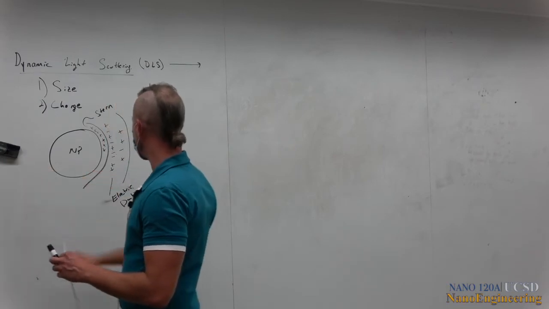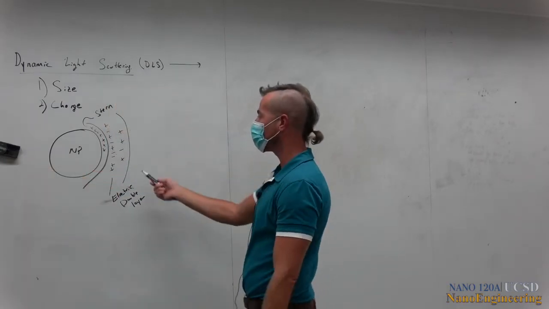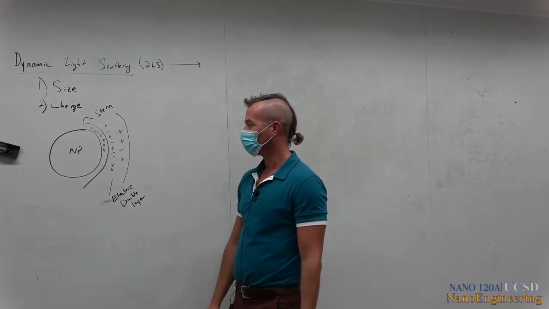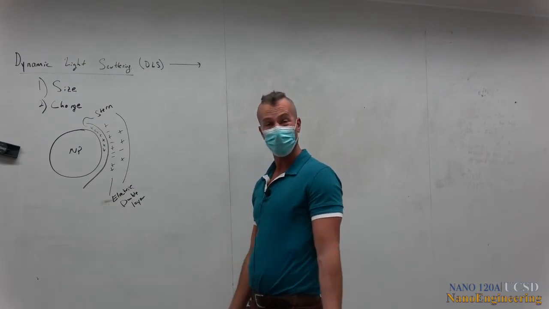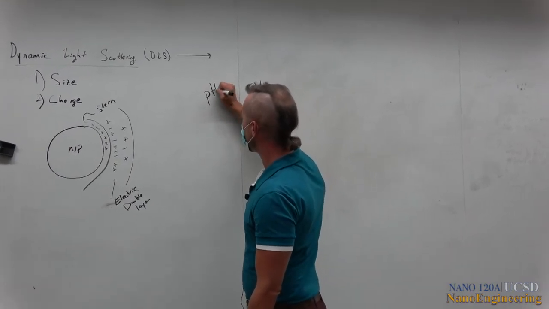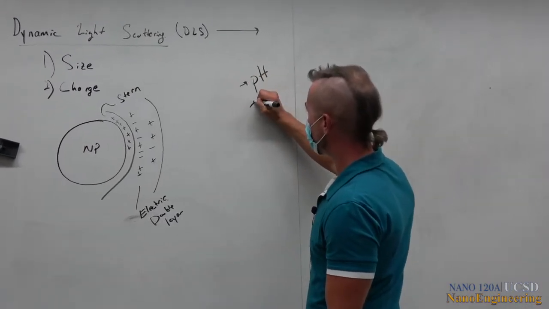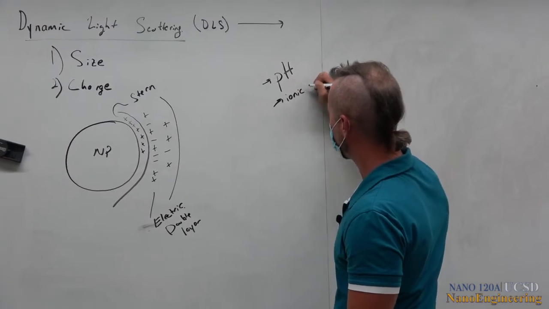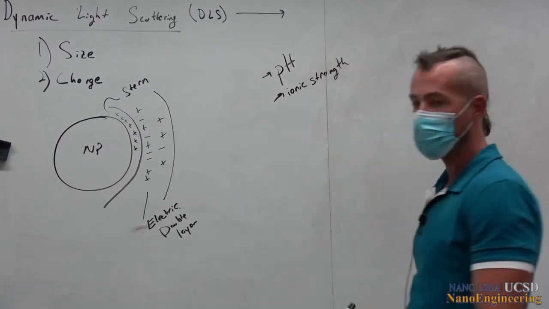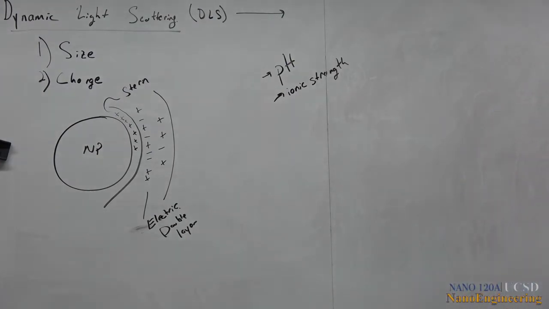Okay, so what are some practical considerations? I mean, the solvent makes a big difference, right? And in particular, the pH of the solvent and the ionic strength. Perhaps the biggest two, okay?